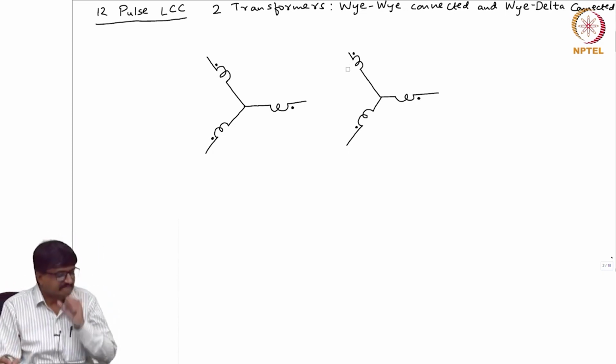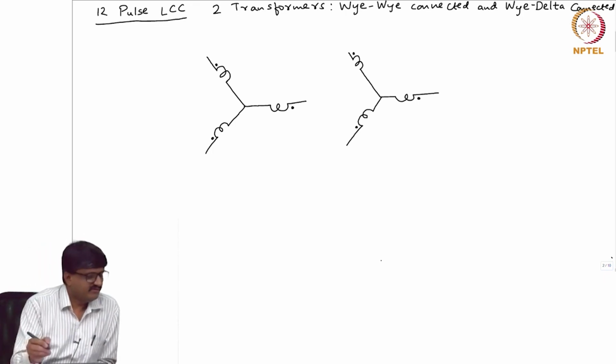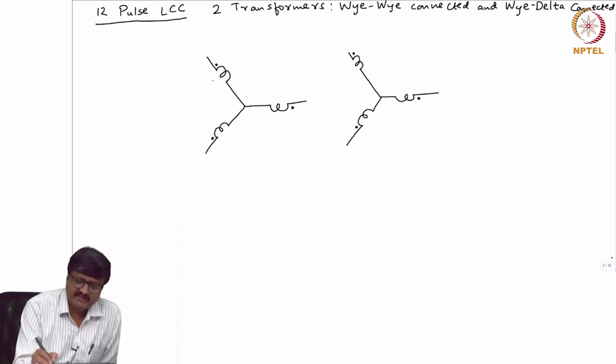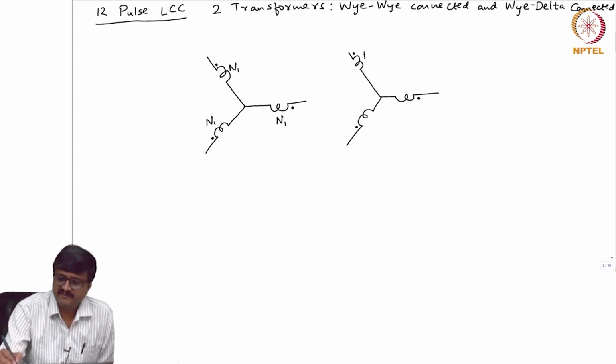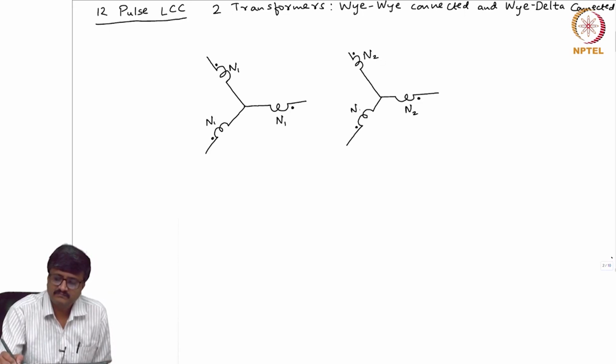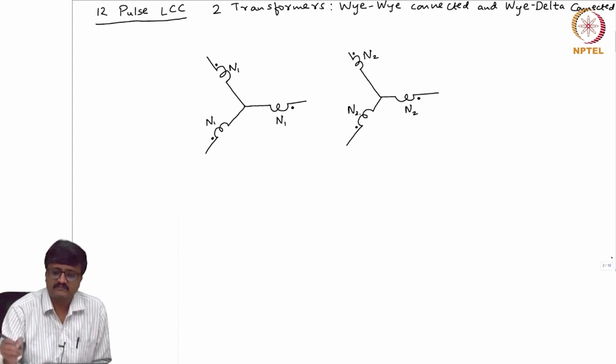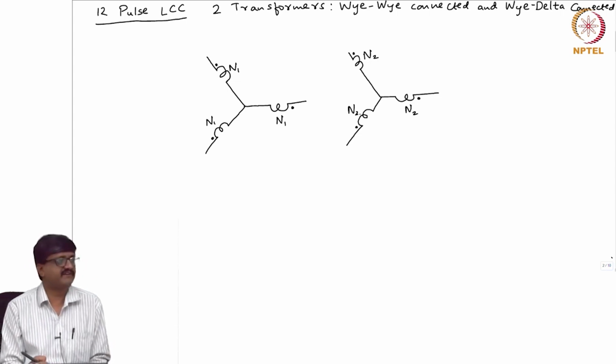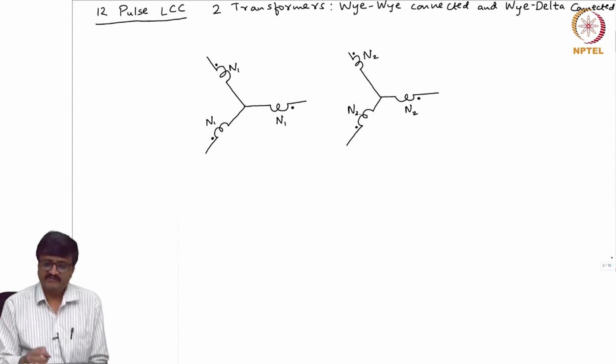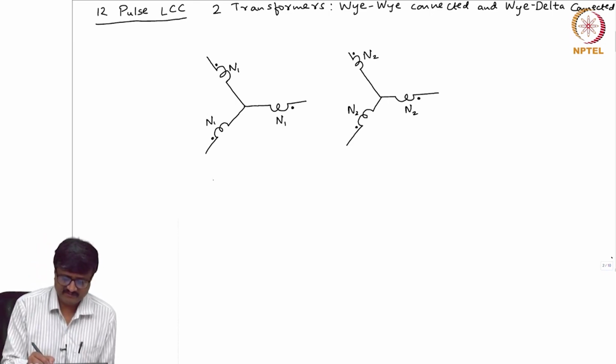Let me say the number of turns here is N1 and the number of turns here is N2. So, this is the YY transformer. There is one more transformer, the Y delta connected transformer.